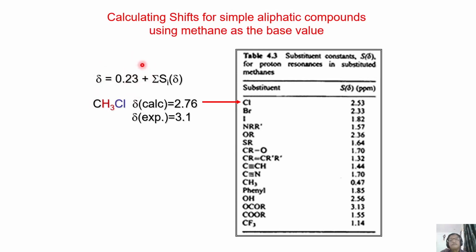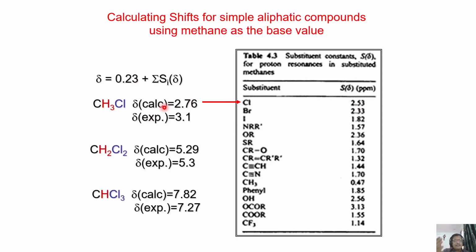Remember I told you, it is the chemical shift of methane. Now you have to add the value for the substitution. If there is a chlorine, it is 2.53. Base value 0.23 plus 2.53, if you add, it turns out to be 2.76. But what is experimentally observed is 3.1 ppm.